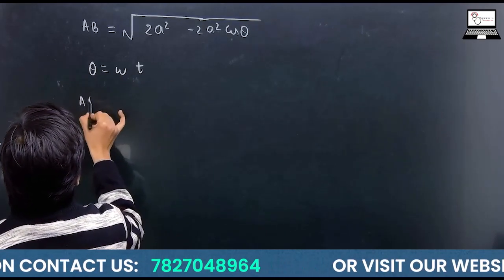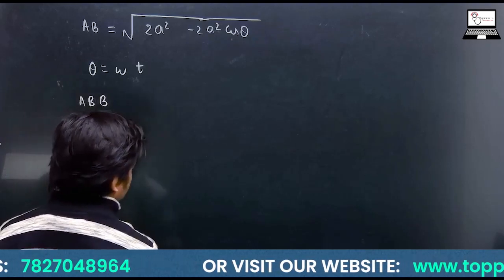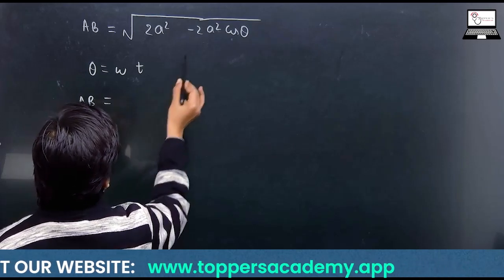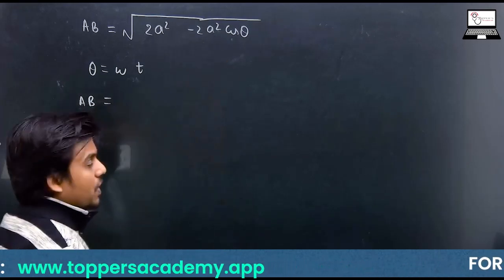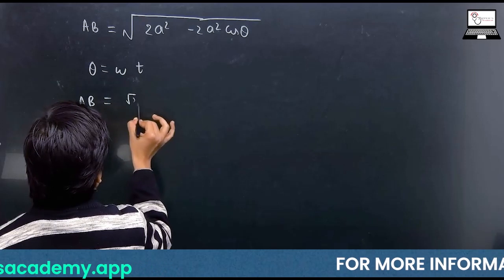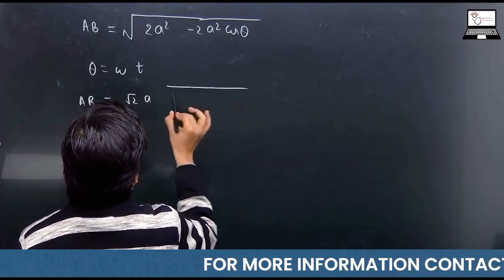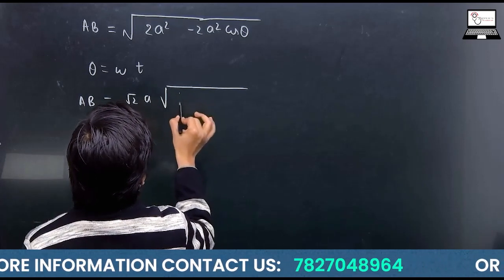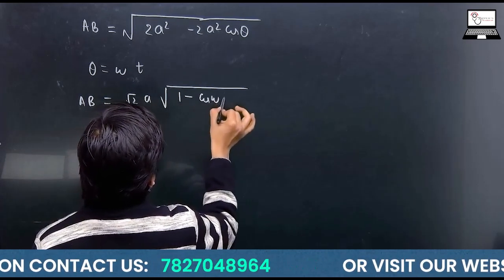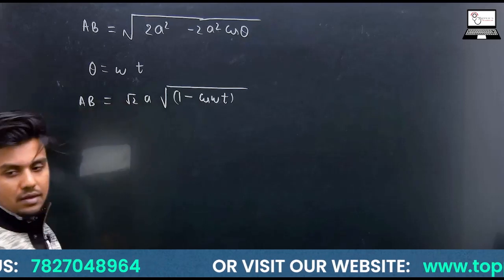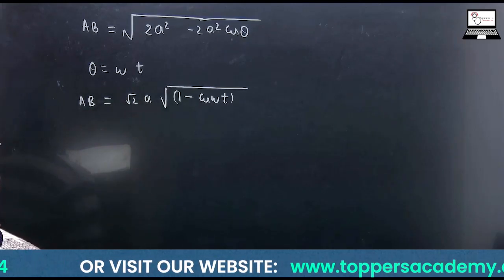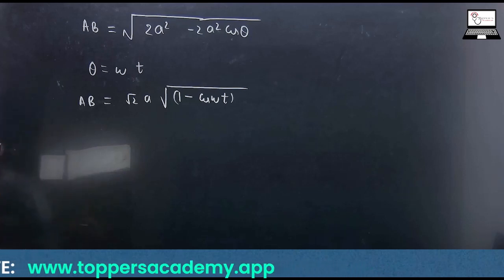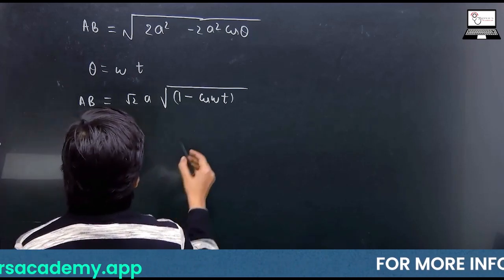Now you can write that this AB, the magnitude of displacement, is equal to, 2a squared is common in both of them, so root 2a into the square root of 1 minus cos omega t.